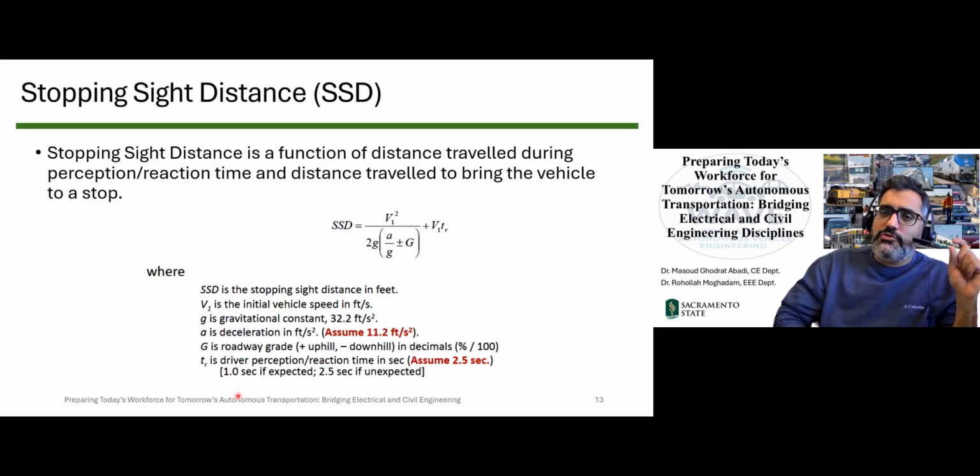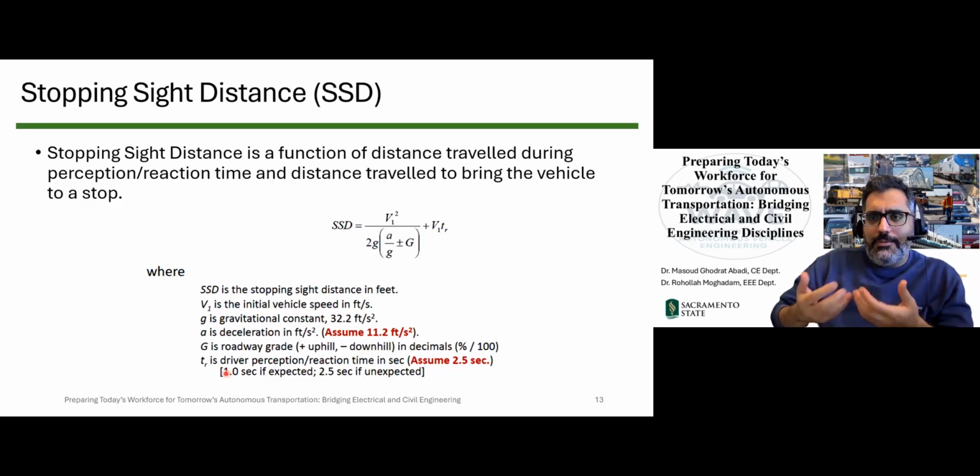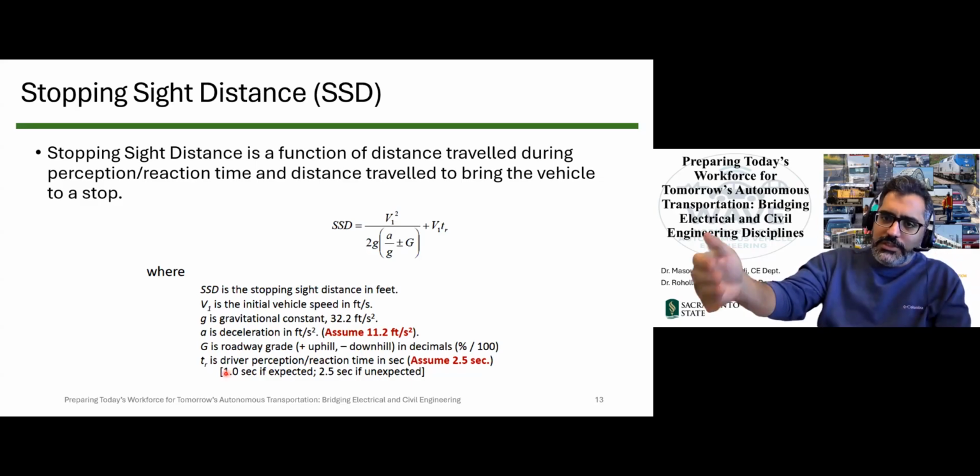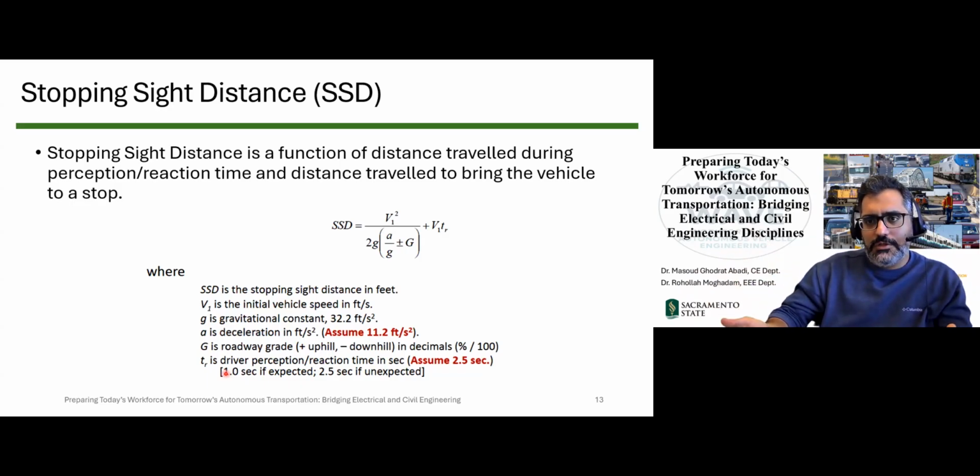If you watch our lecture related to traffic signal timing, the reaction time that we used in that example was 1 second. Why? Because when you are driving on urban streets and approaching a signalized intersection, at any moment, you expect the signal to change, right?